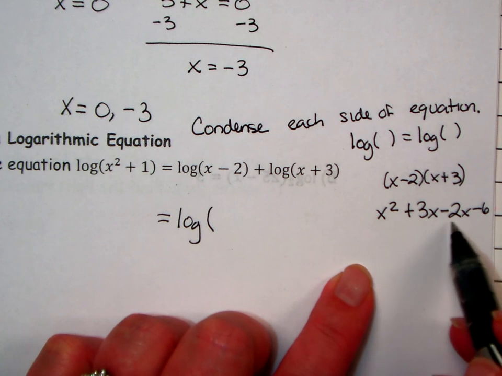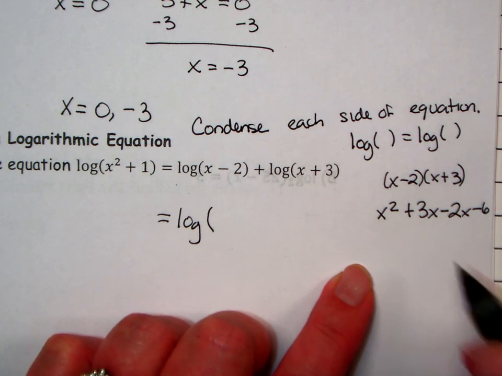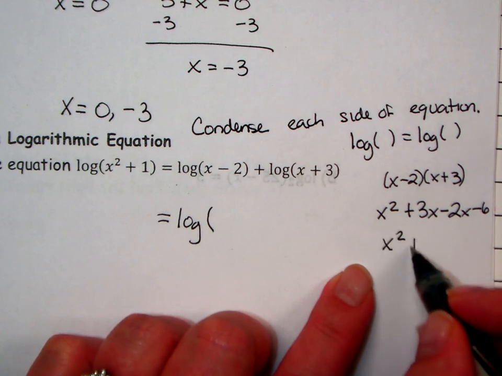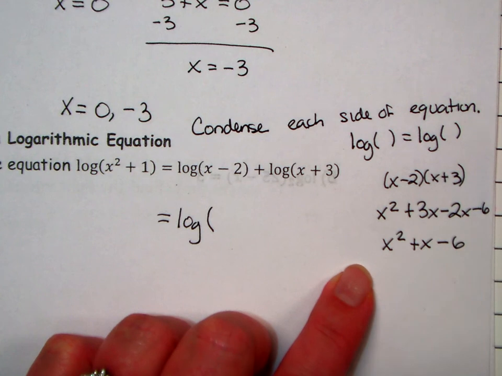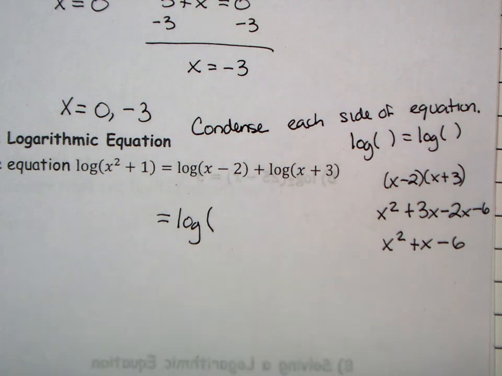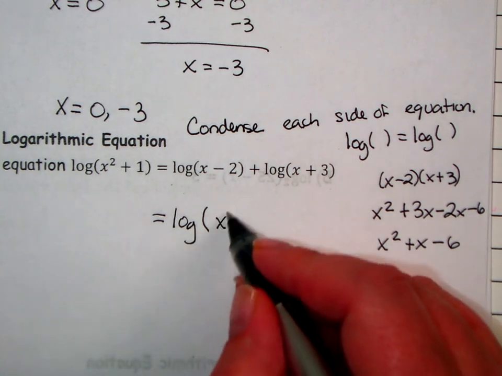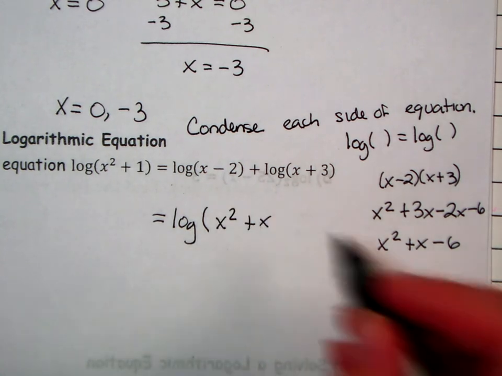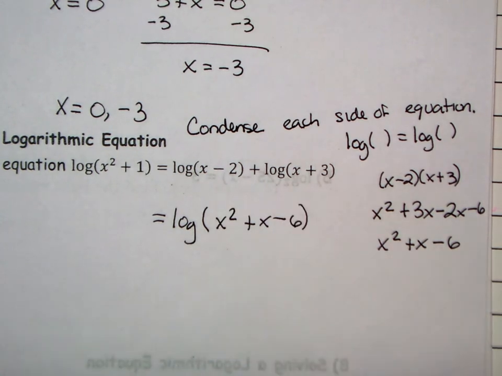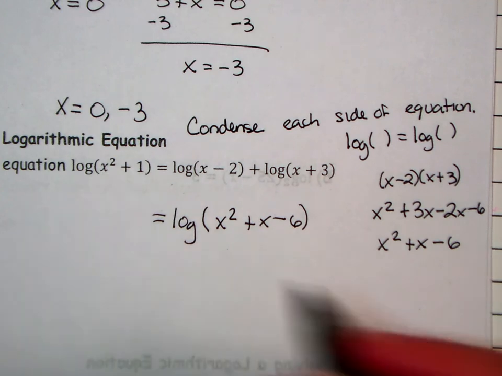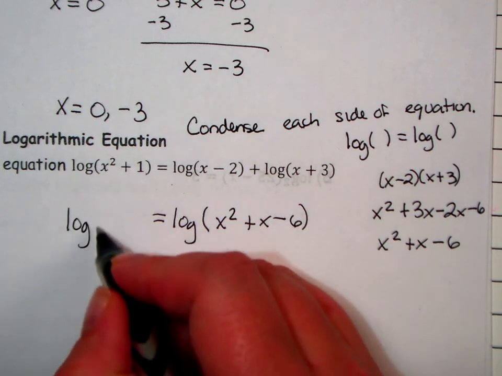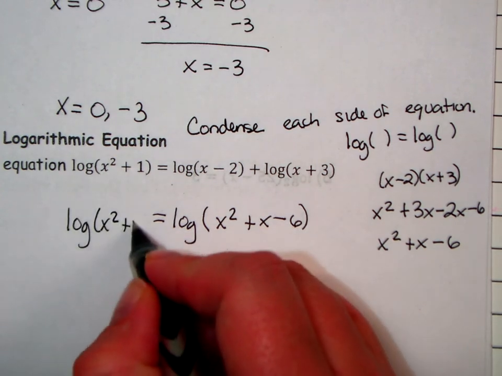If I combine the middle terms, I'm going to get x squared plus x minus 6. So if I add these two logarithms together, I'm going to get log of x squared plus x minus 6. And we didn't do anything to the left-hand side, so this remains log of x squared plus 1.